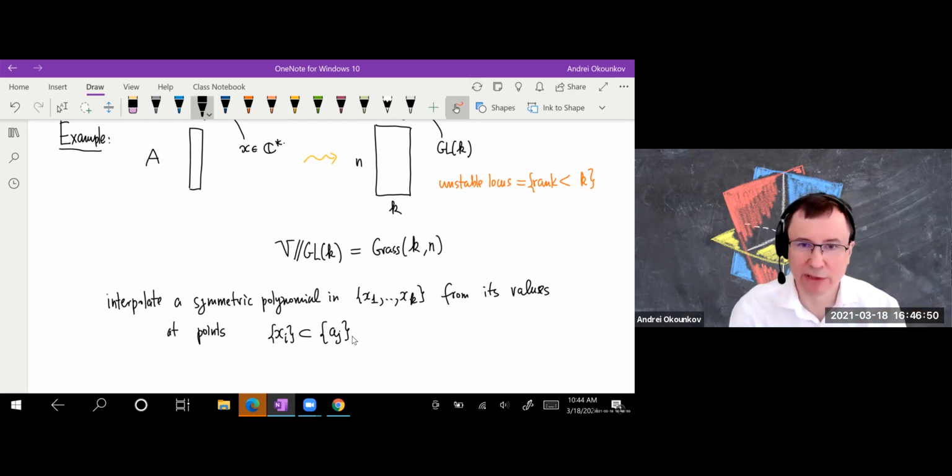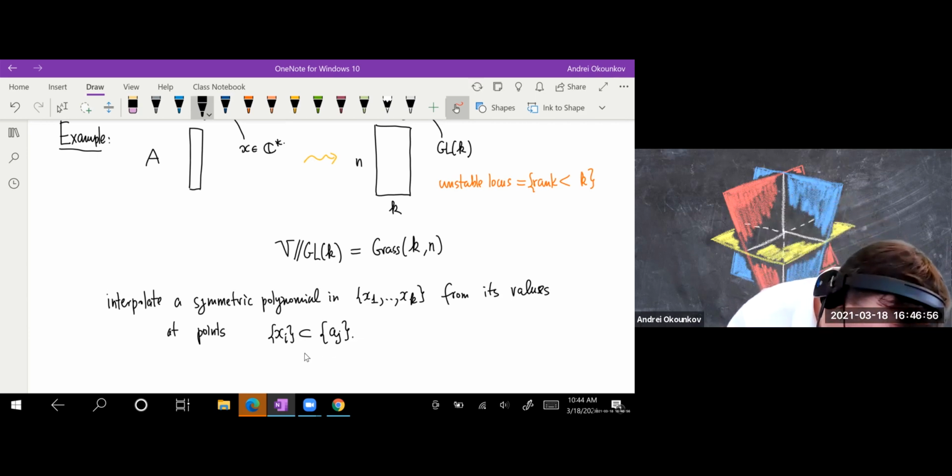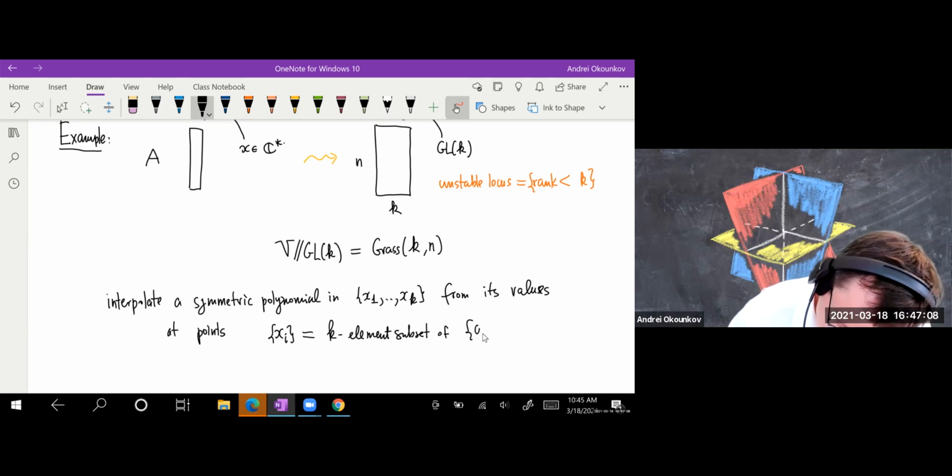Previously we looked at the situation where x is one of the A_i's, but now the xi are a distinct subset, a k-element subset of A1 through AN.